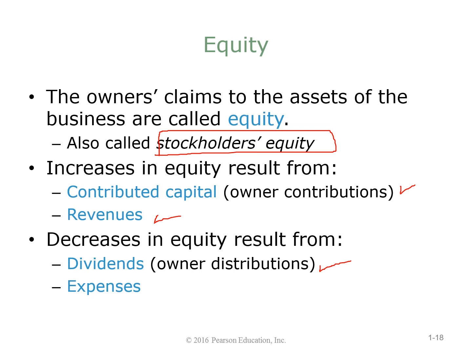This is called dividends. And this will be taken out of the revenue minus expenses, which is net income. So the revenue will increase, but the expenses will decrease, and the dividend will decrease. So the equity will increase by two items: the contributed capital, the more investment made by the owners, and the revenues, and be decreased by dividends and expenses. Okay, fine.